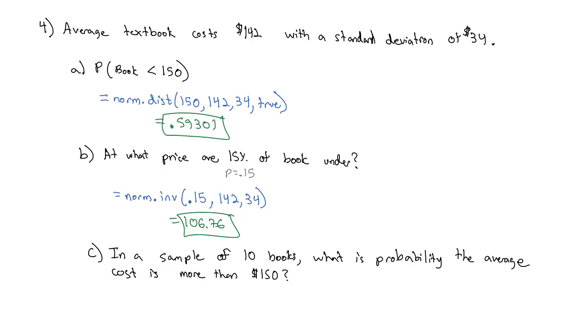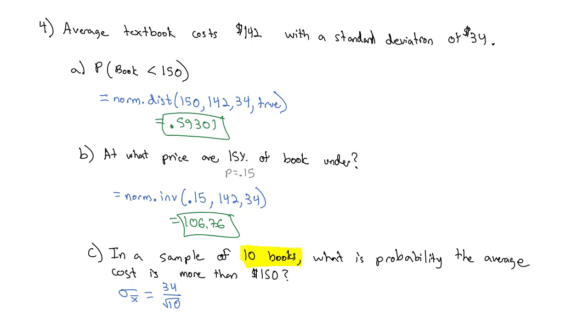The difference here now is we've got 10 books. We're not asking about one book, we're asking about a sample of 10 books. Now we have to adjust the standard deviation to become the standard error. The way we adjust that standard deviation is we take the $34 and divide by the square root of the sample size.